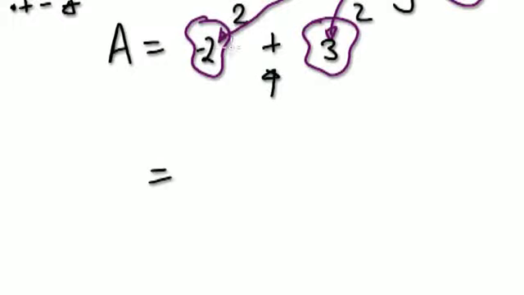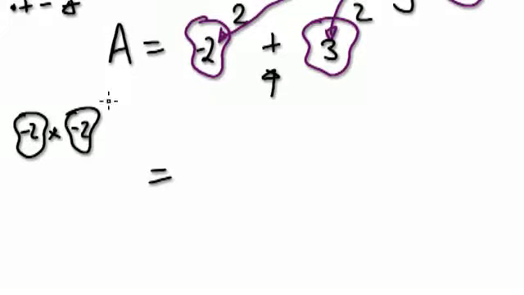Here it's saying minus 2 squared. That means minus 2 times minus 2. So you remember you've got two things here, two bubbles here. They're multiplying. It times by itself. So minus 2 squared means minus 2 times minus 2. To do multiplication, just get 2 times 2 as normal, which is 4, and then because there's a negative and a negative, that's like a positive, so it's a plus.